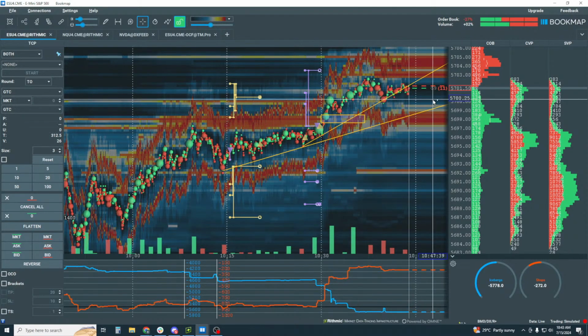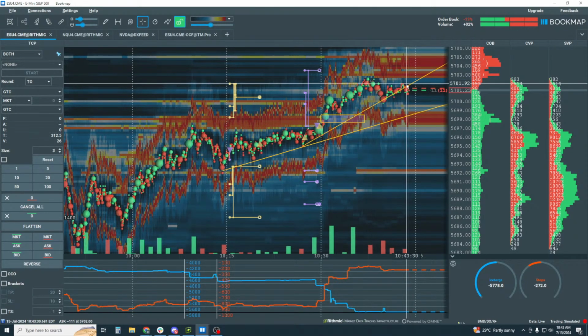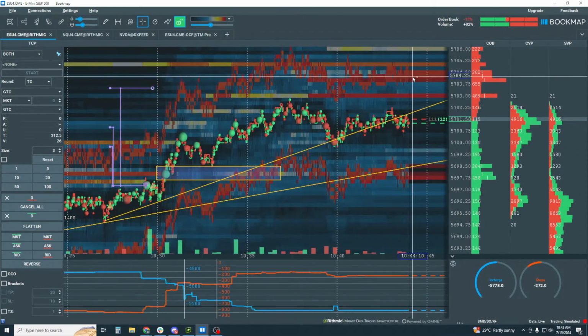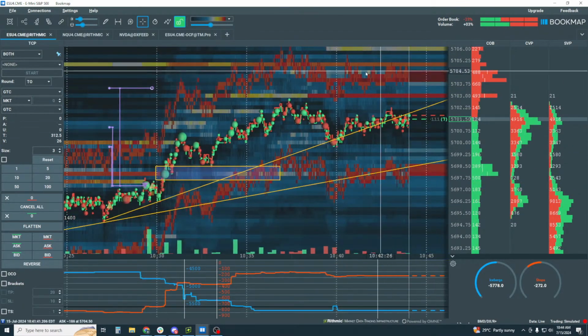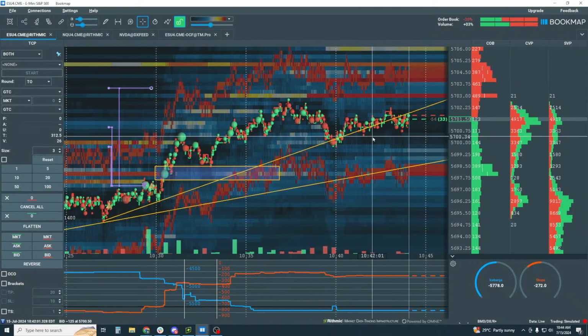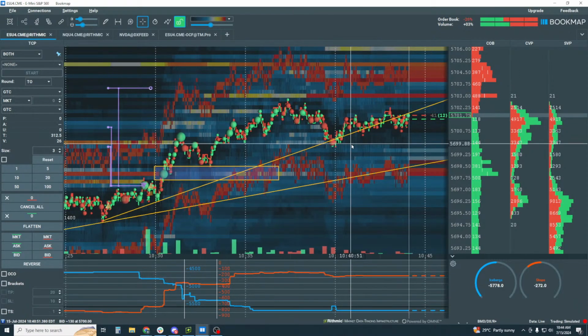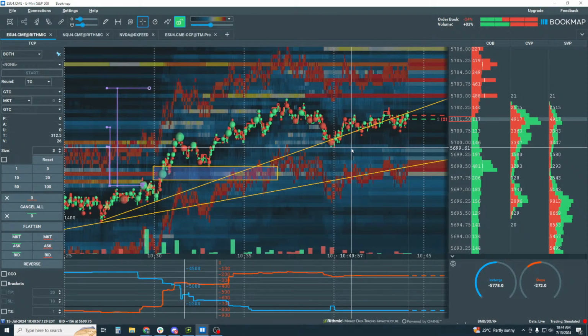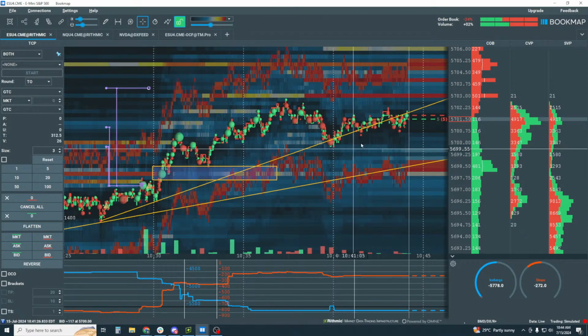Okay, so now will it continue? Well, I don't see anything right now to tell us that this will continue. The only bullish thing in here right now is that it's still accepting higher. That's it.